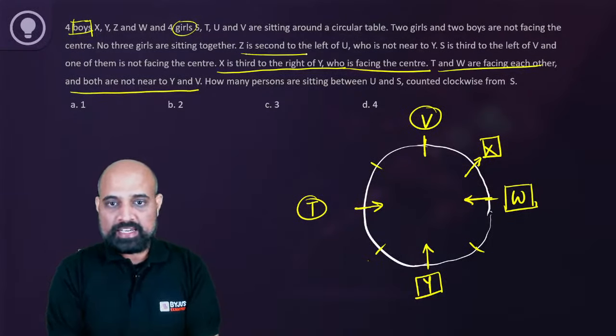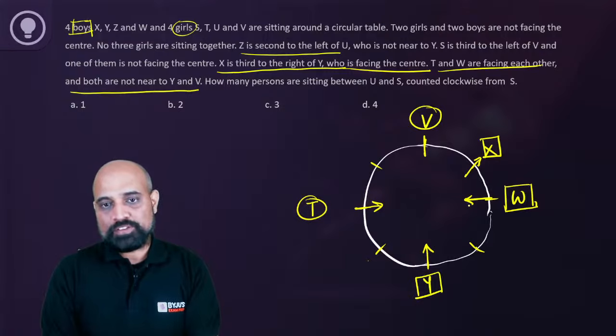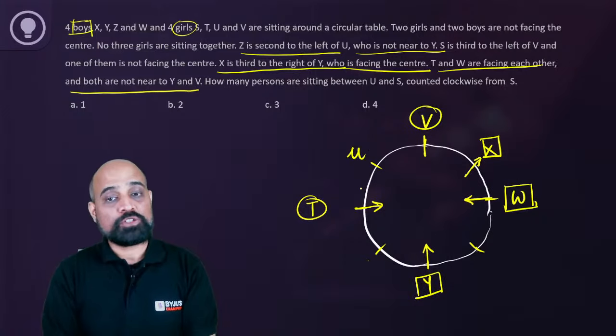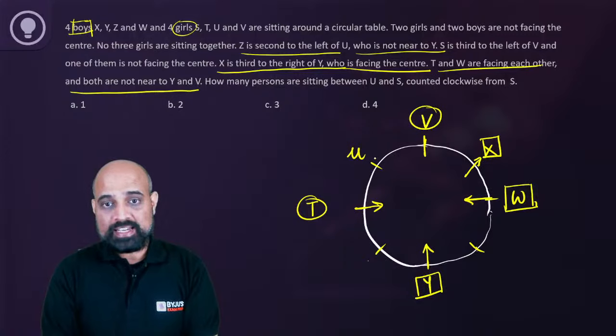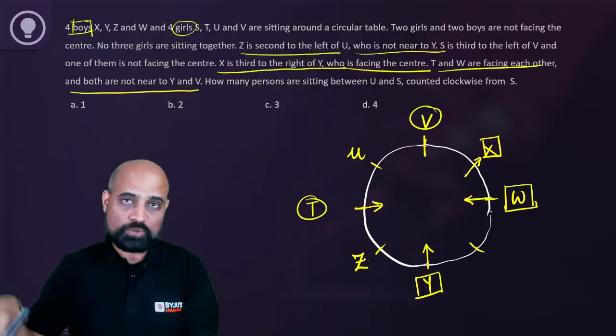Okay, Z is second to the left of U, who is not near to Y. So the only place U can be is here, right? And Z is second to the left. So second to the left में तो यही position बनता है, उधर से तो आ नहीं सकते.